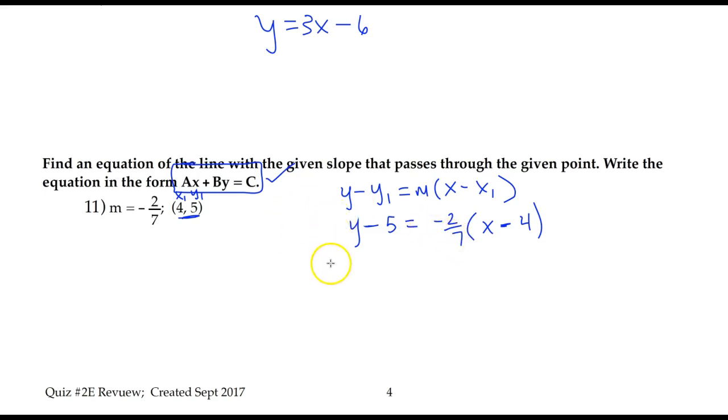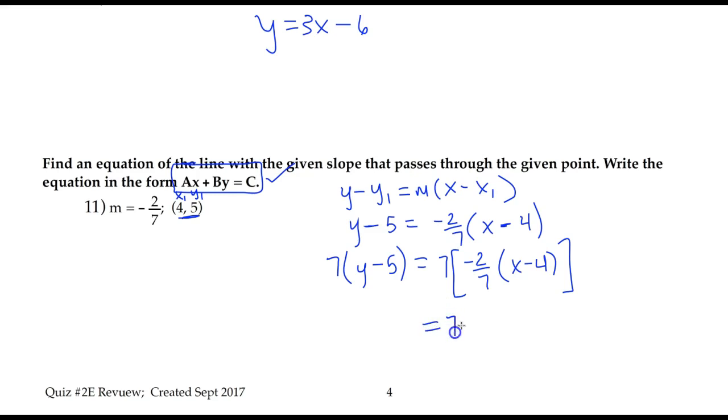And if I did that, it would look like this. So let's multiply 7 to both sides here. Let's also multiply 7 to both sides here. And when I do this, since this is multiplication, this really just looks like this.